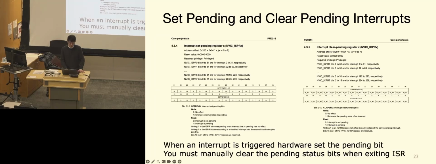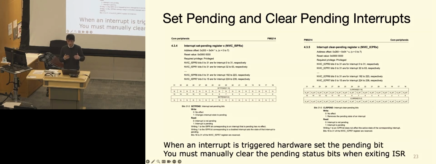So these are the set pending and the clear pending interrupt registers. They work similarly to the enable registers in terms of internal mechanism, but it's basically the NVIC saying, hey, there's an interrupt here that's pending, or pulled high, so to speak.